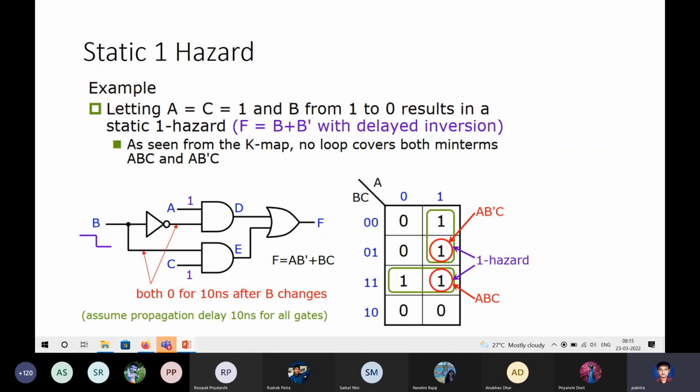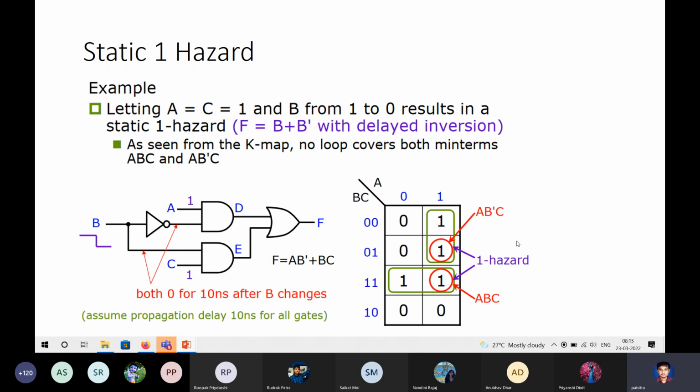Okay, so what is the solution? The solution is you have another, additional redundant cube, which covers these transitions. We call that a required cube. We have another required cube which covers these transitions. So what is the cube that will cover this one transition? Can anybody tell?